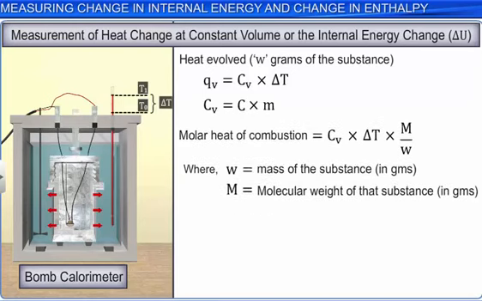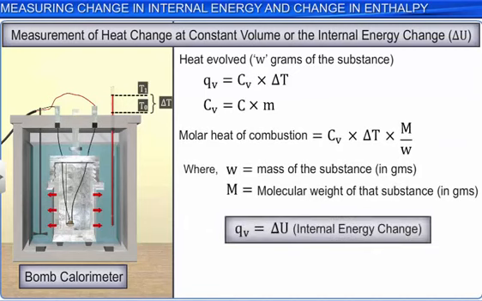As the above reaction is carried out in a closed vessel, the heat evolved is the heat of combustion at constant volume and is a measure of internal energy change delta U.